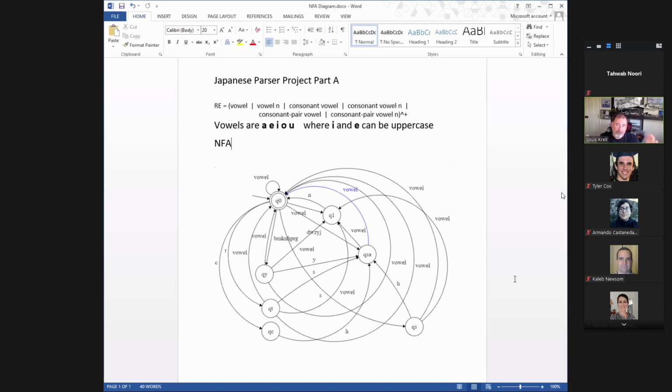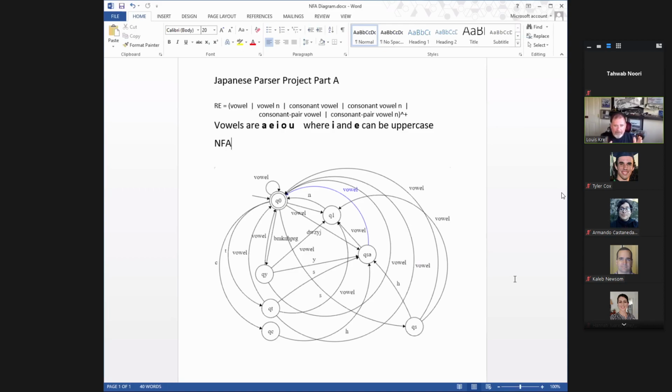If I have multiple characters on that arrow, on that line, it just says what are the different characters that we transition from that state on. I could have put commas in there to separate them. So I just want to make that clear.